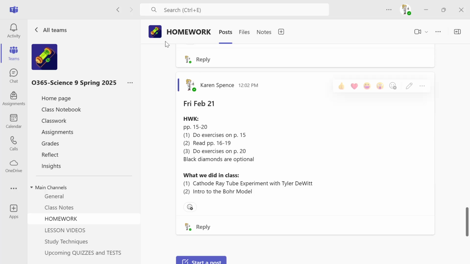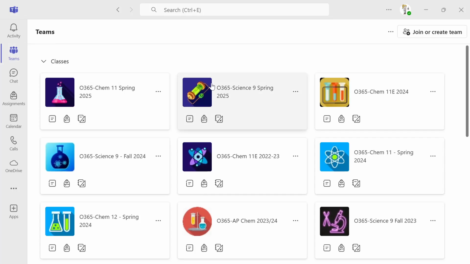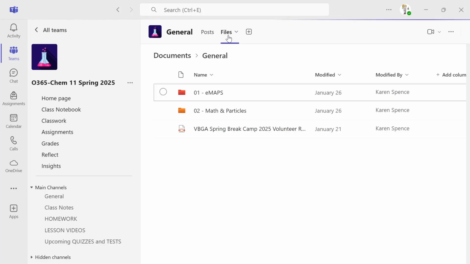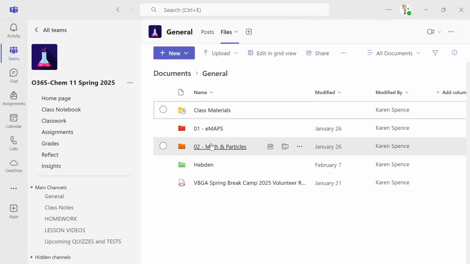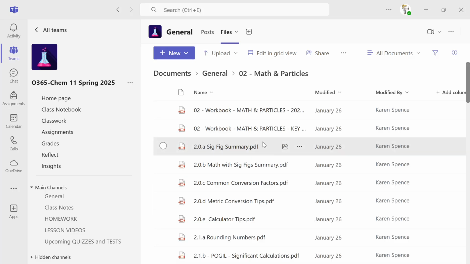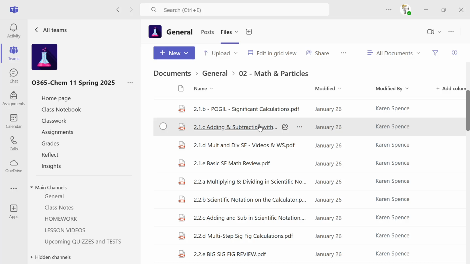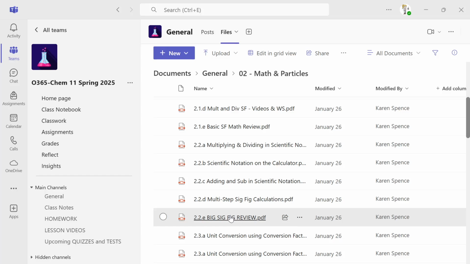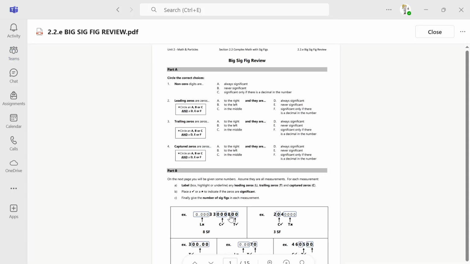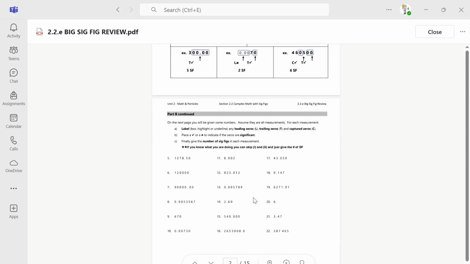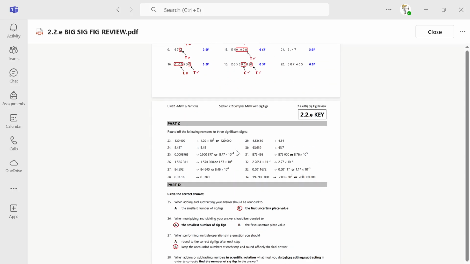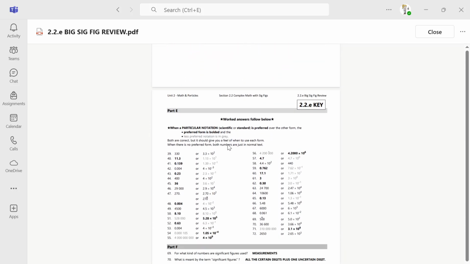So if we go to our team and look at Cam 11 and go to our files, math and particles, and the big sig fig review, and I scroll down, I've hit the answer key and I want part E.